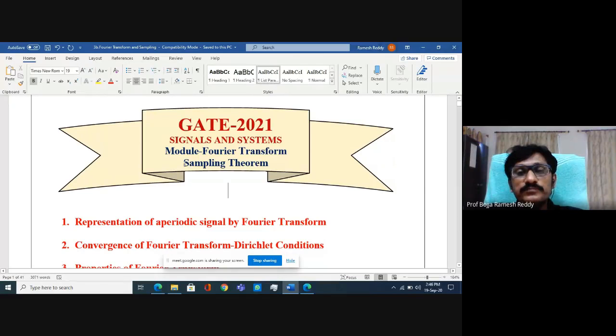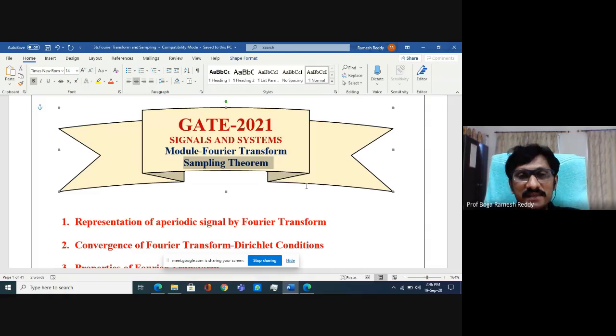Another topic here is sampling theorem, the sampling process. Nowadays, everywhere systems are digitalized. Digitalized means we can process only digital signals through digital systems. We cannot process analog data like my lecture. My lecture is continuous time information, an analog signal. We cannot process analog data straightforwardly through a digital system and communication.